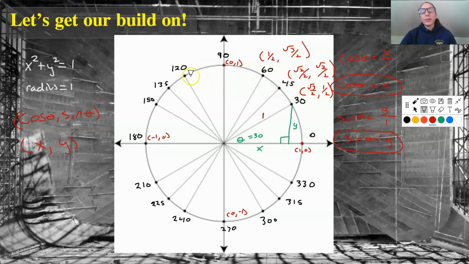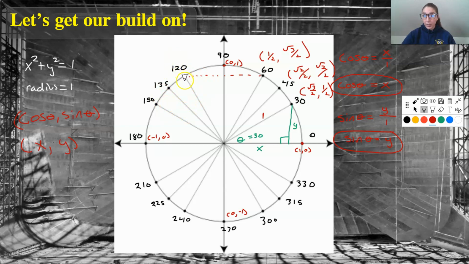Now, I don't need to figure out cosine and sine of all of these guys because I have perfect symmetry, right? Which means these coordinates are going to be exactly reflected over here because it's a mirror. Because I have an exact reflection, now I'm in quadrant 2.